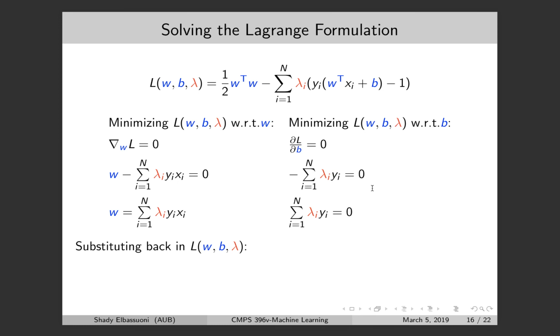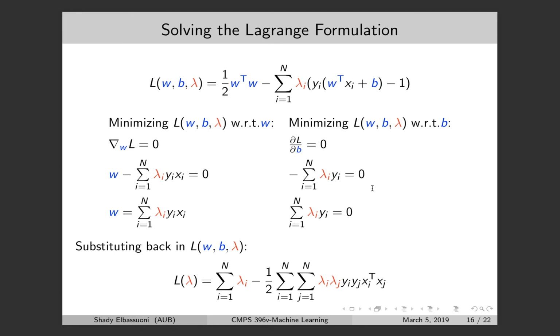Okay, so let's substitute back. I have half W transpose W, that's a double summation of lambda i, lambda j, yi, yj, xi transpose xj. So I have half of this, minus summation from i equal 1 to n lambda i yi, and then W transpose is summation from j equal 1 to n lambda j, yj, xj.